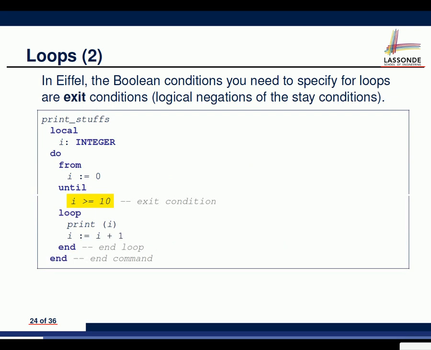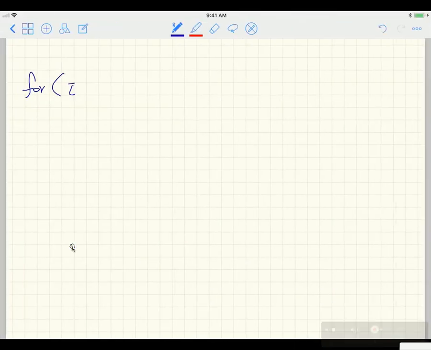Apart from that, you can see that we also have from over here. From is simply somewhere for you to initialize certain variables relevant to your loop. And then the loop over here is just like a body. You can think of loop end like the curly brackets in Java for the while loop. It's a very direct correspondence. Let me add this here.